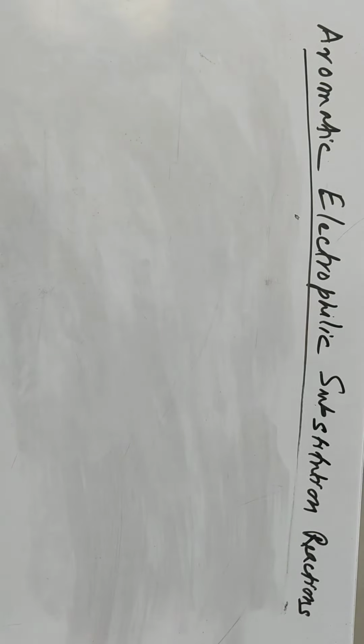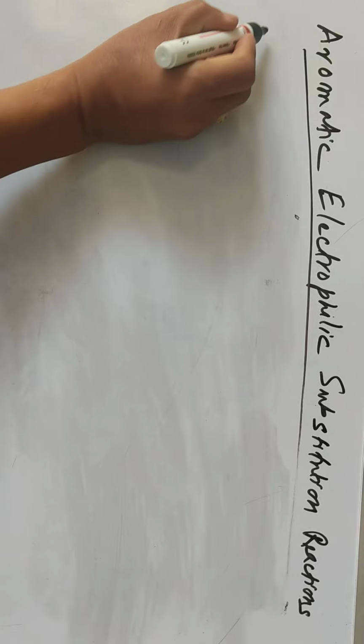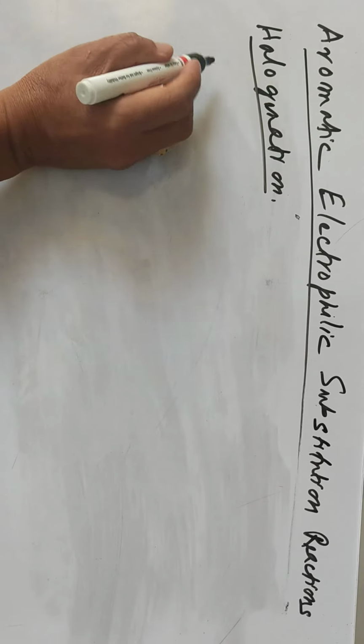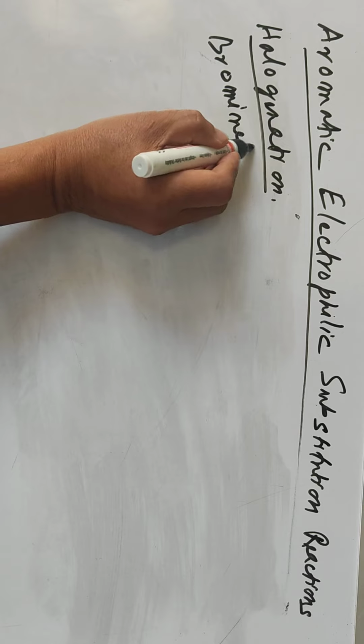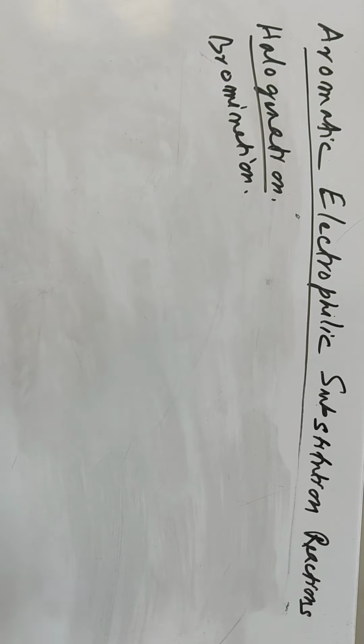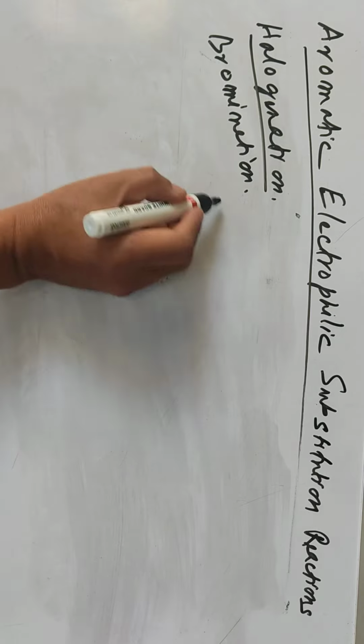Here is halogenation, where the electrophile is a halogen. In halogenation, we can discuss bromination, then chlorination, then iodination. First let's have the bromination of aromatic compounds.